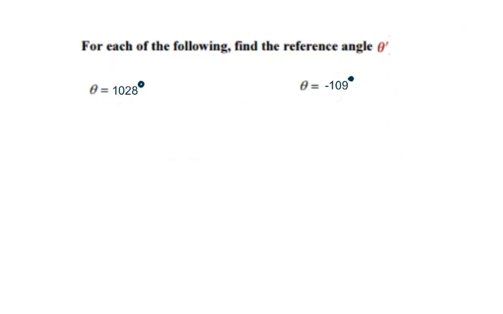Let's do more examples. For 1028 degrees, first of all, you have to get a coterminal angle between 0 and 360 degrees. Therefore, I need to subtract 360 twice. That means subtracting 720.